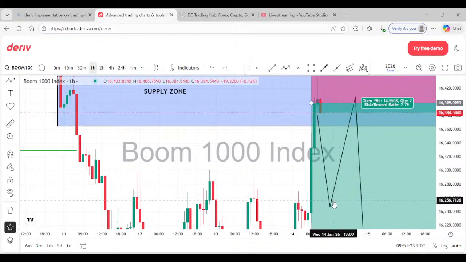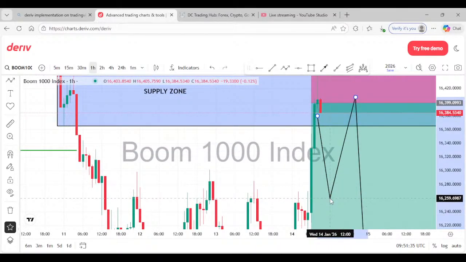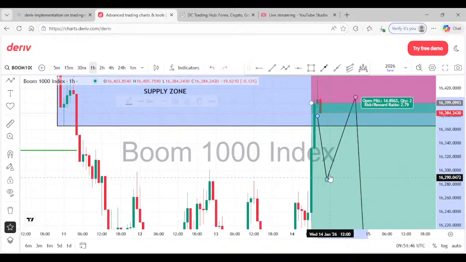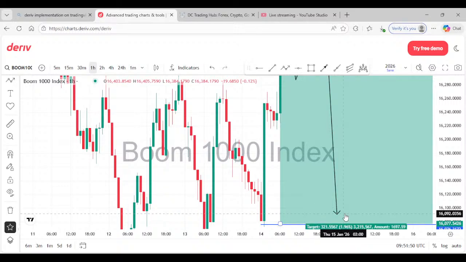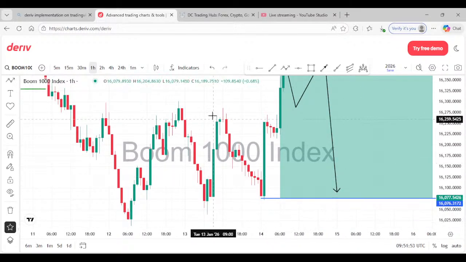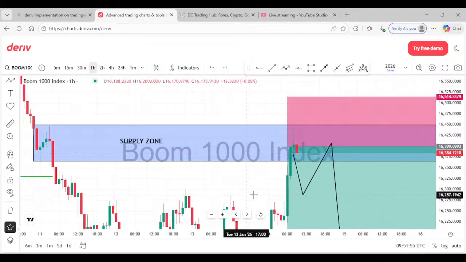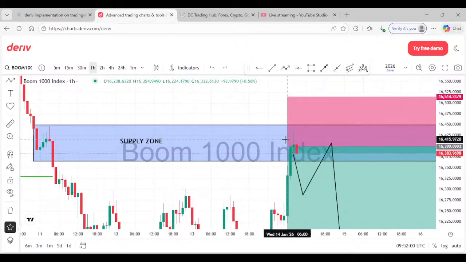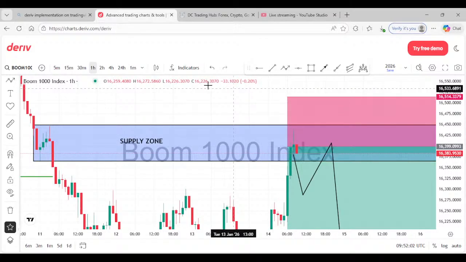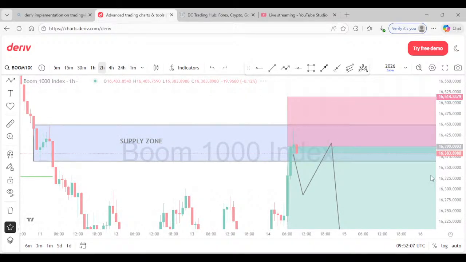Like I said, our first target is going to be 16,269, just around this consolidation. Then price is likely going to reverse and move downwards, but we're anticipating price to continue moving down. So all this is just confirming that price is likely going to move down. So we have a sell in Boom 1000.